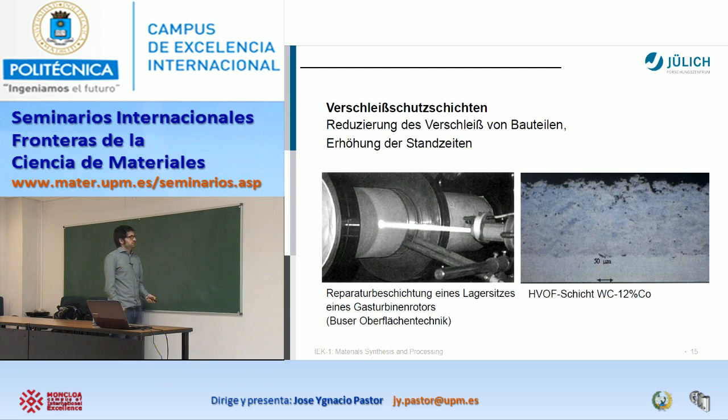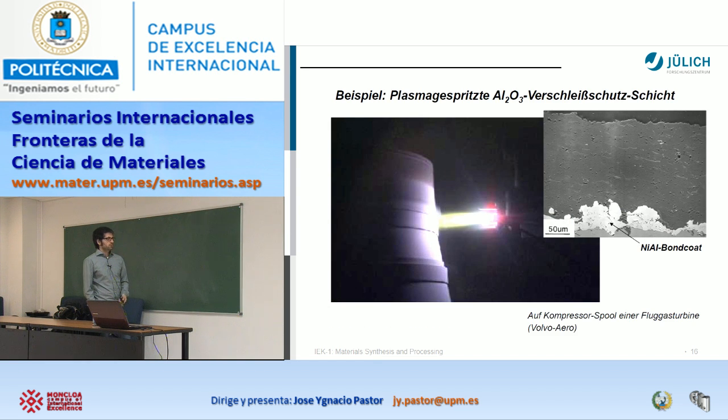Other examples. Here, for example, in order to repair the turbines, first the milling and after the coating, and this is how they look like. Okay. More examples now about the plasma with the alumina, how it is coated. This is a picture from Volvo.